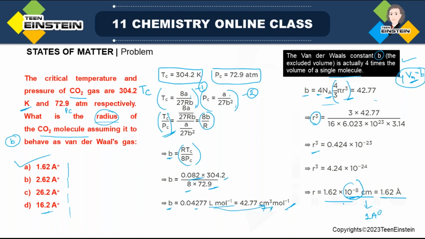If you make a slight mistake, there will be a problem. Just one decimal error will give the wrong option. So it will be 1.62, right? The correct option is option A.